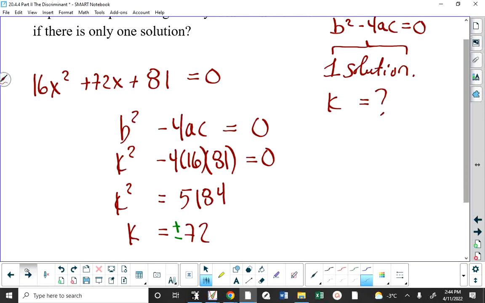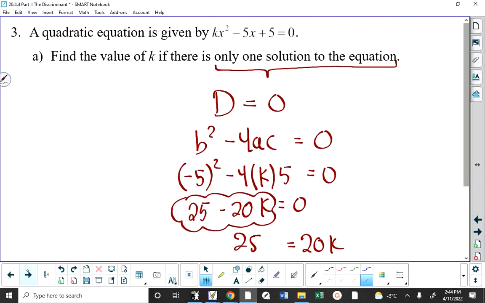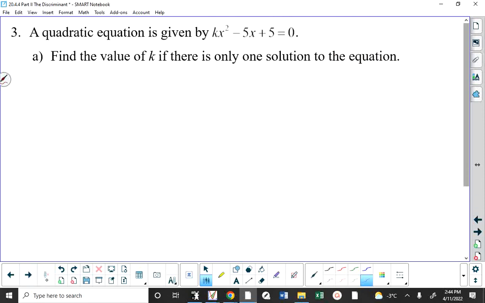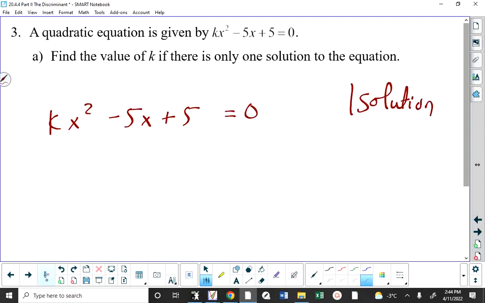Let's try one more. A quadratic equation is given by kx squared minus 5x plus 5 equals 0. One solution. What is the value of k? Well, this is the same as question 2.